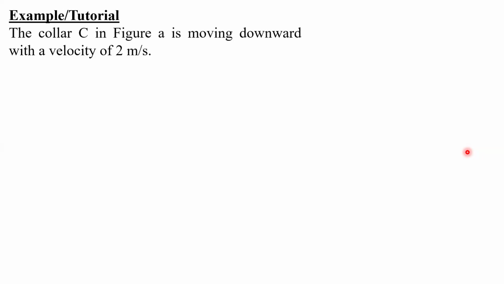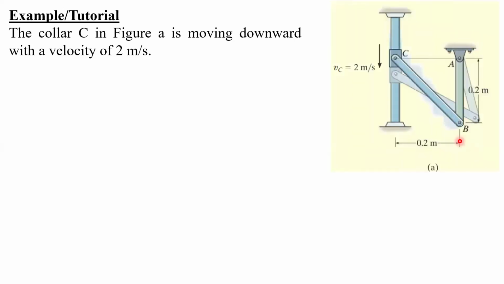So let's look at one tutorial problem, or one example. The collar C in figure A is moving downwards with a velocity of 2 meters per second. This is a column and it's a rigid body.